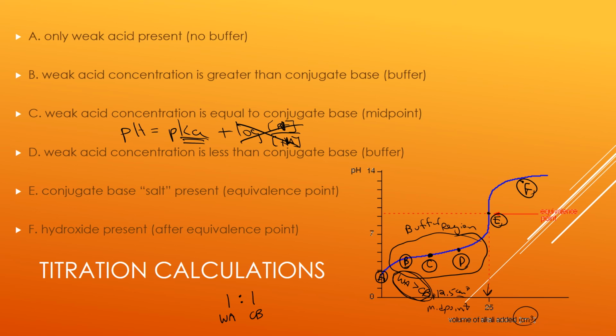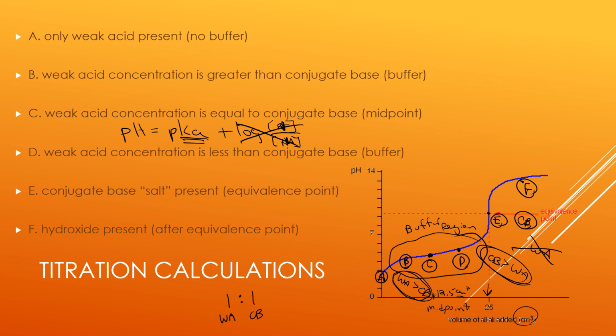For section D, you have more conjugate base than you do your weak acid. That's an important concept. So you're getting more and more of your weak acid depleted as you go along after the midpoint. At part E, all you have there is your conjugate base. You have totally gotten rid of all of your weak acid that you started out with.